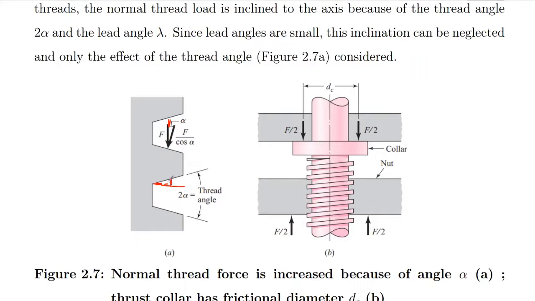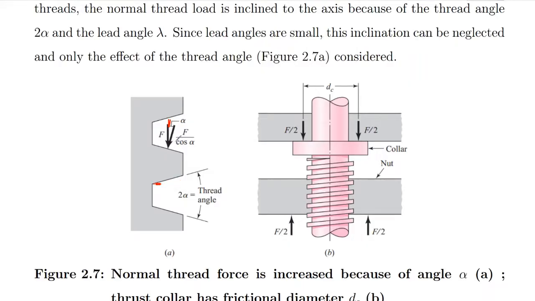So this angle here is alpha, and that alpha is the same as the angle a line normal to the inclination of the thread makes with the vertical axis.